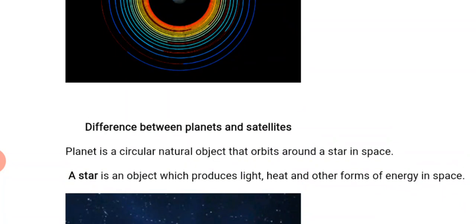A star is an object which produces light, heat, and other forms of energy in space. A star is not a planet, but they are heavenly body objects.